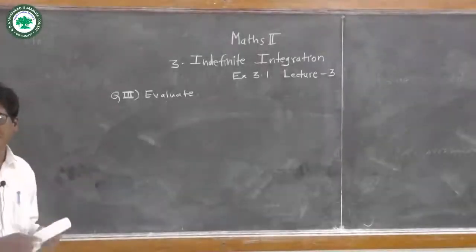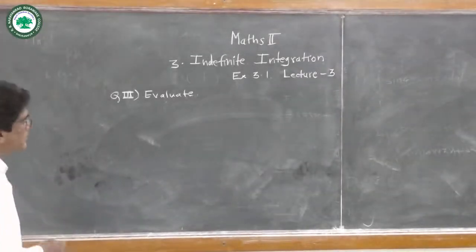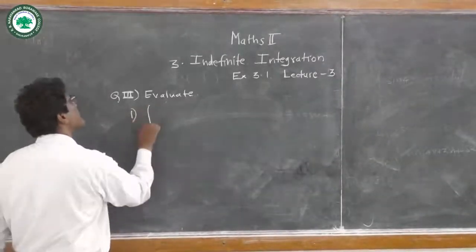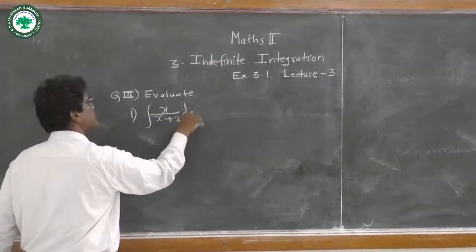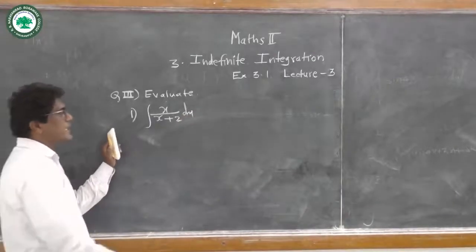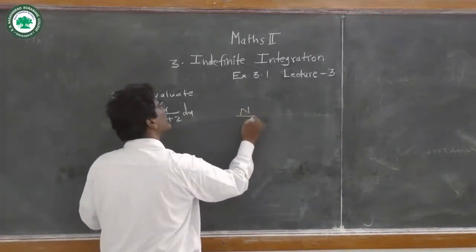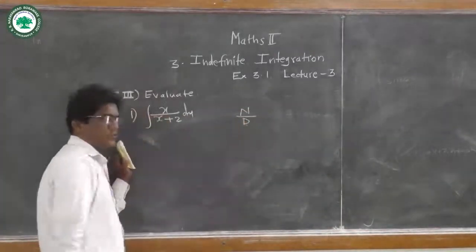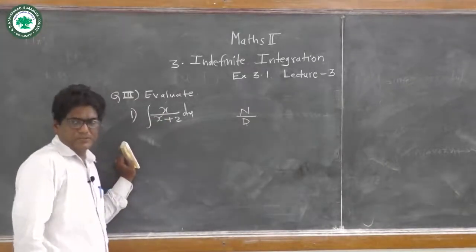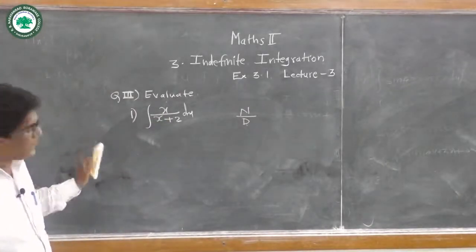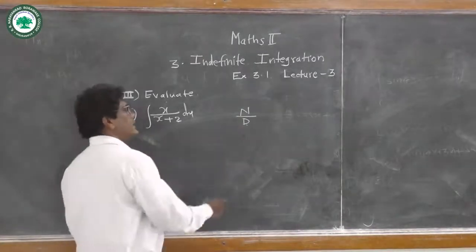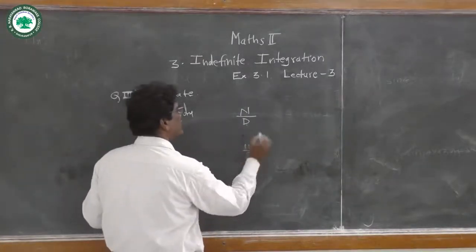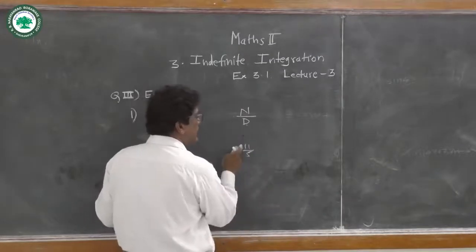The first problem is integration of x upon x plus 2 dx. This is of the type numerator upon denominator, and here we use the trick that we directly divide the numerator by the denominator. If there is 11 upon 5, we divide 11 by 5.